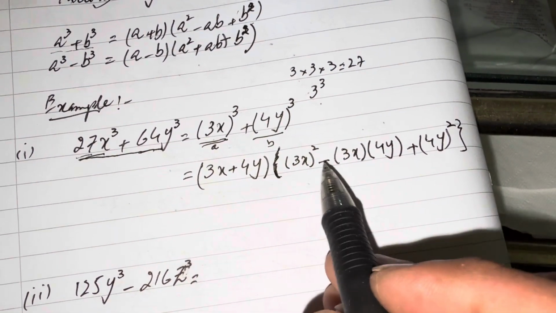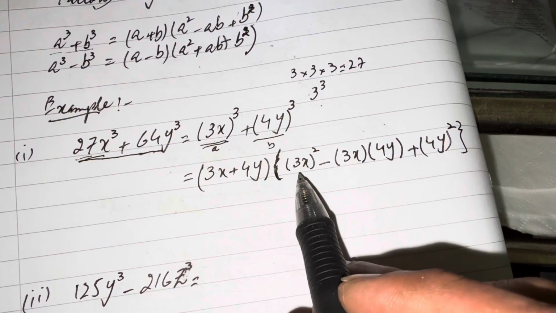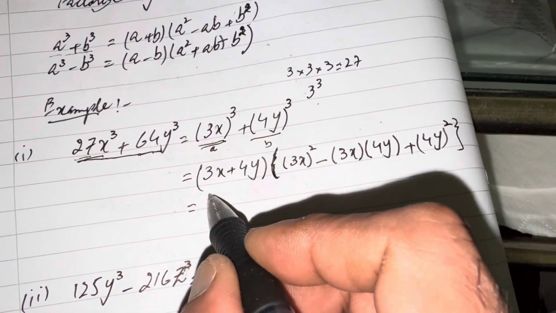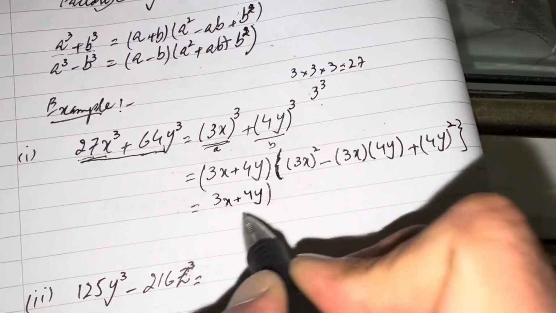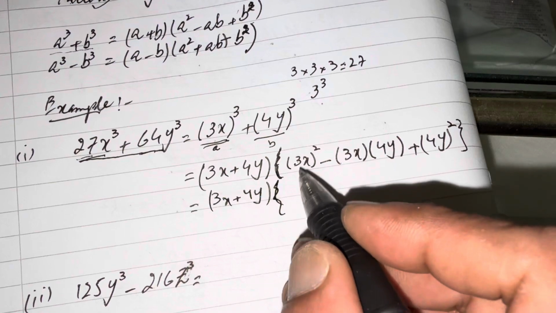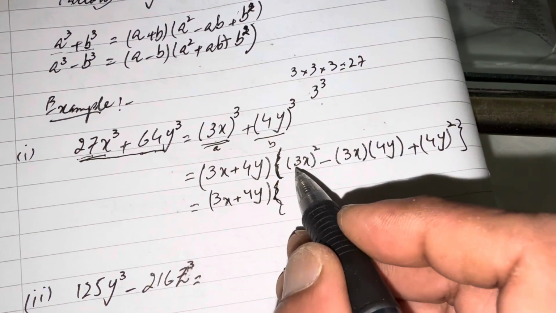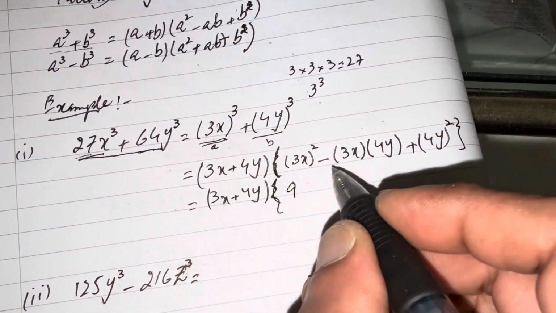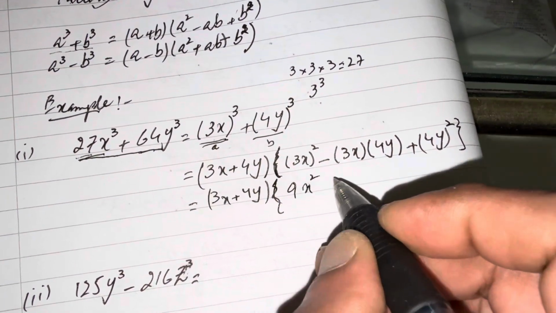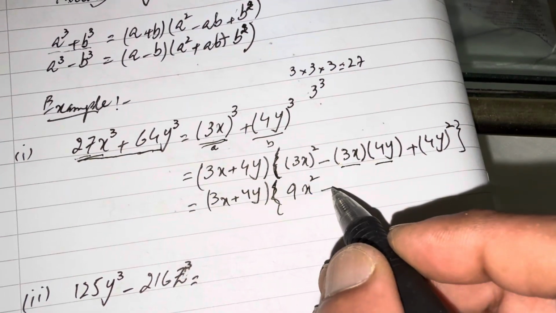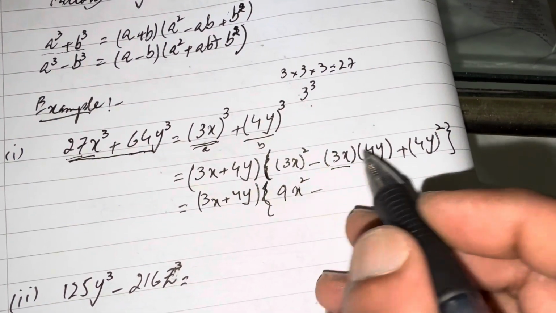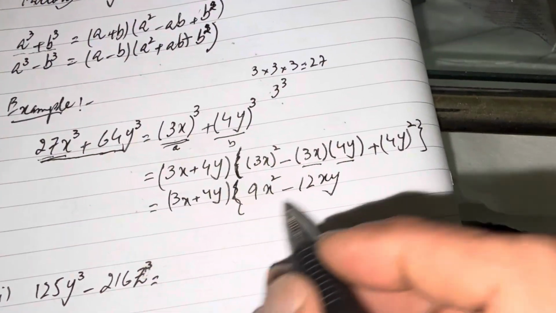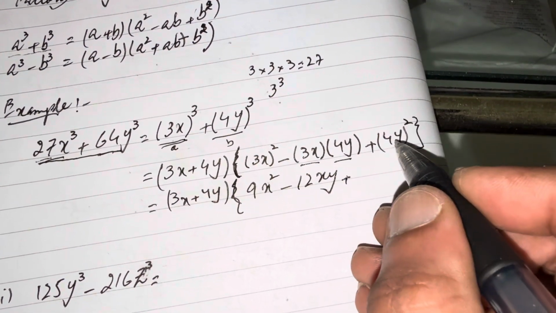So this factorization we have started in the next step according to this formula. So this will become, as it is, (3x plus 4y) into 3x whole square, which means you have to take the square of 3 as well as x. So 3 raised to power 2 means 9, x raised to power 2 will come, minus: these two terms will multiply with each other, so 3 multiply 4, 3 4s are 12, x multiplied by y gives xy, and then plus 4 raised to power 2 and y raised to power 2.